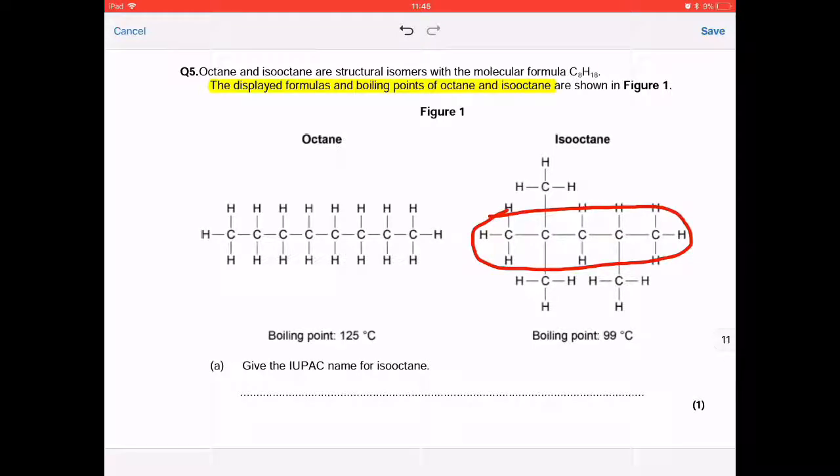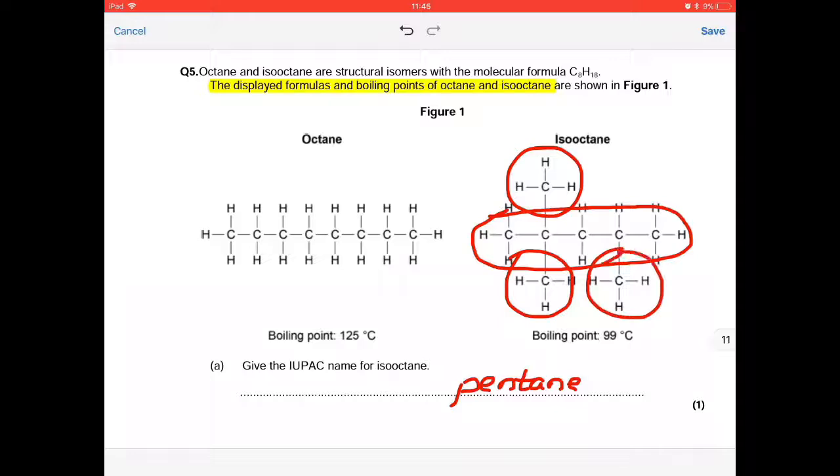Now you're expected to give the IUPAC name for isooctane, and because the longest carbon chain is 5, the main chain is pentane. And you've got a couple of side chains on here. You've got 2 on this carbon, and you've got a third here.